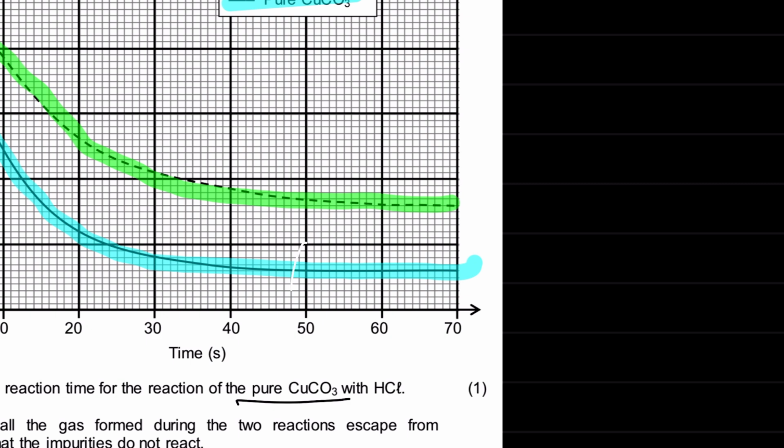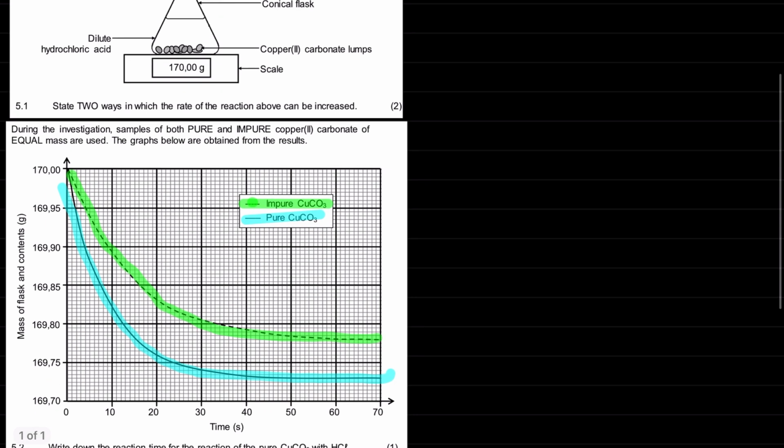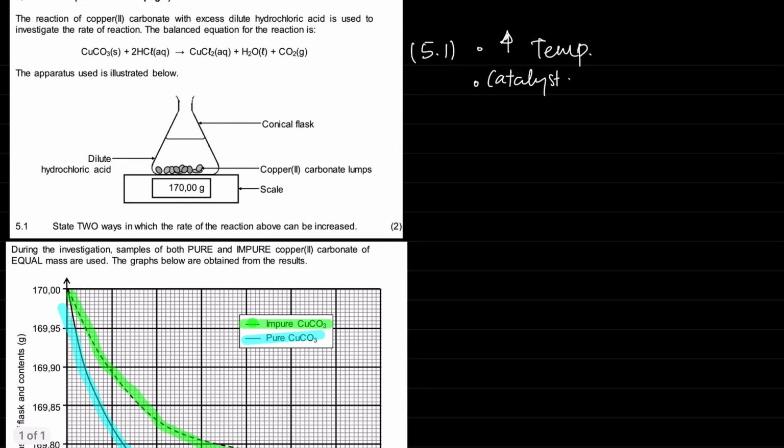Where it straightens out, that's where the reaction stops. So our answer in this case is roughly 50 seconds. So question 5.2, roughly 50 seconds.